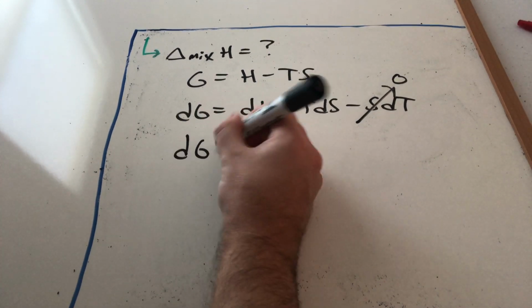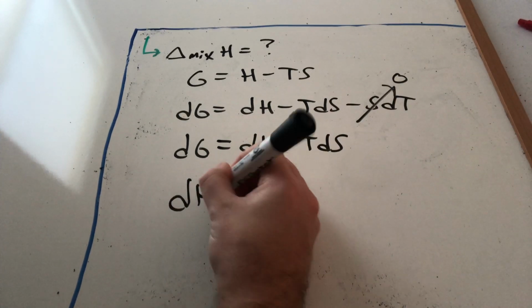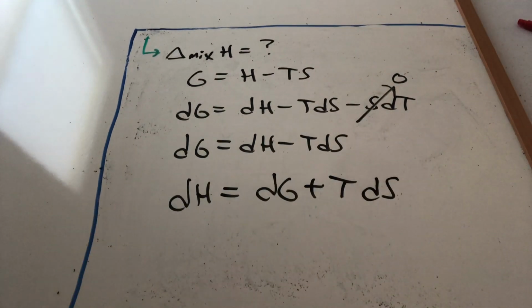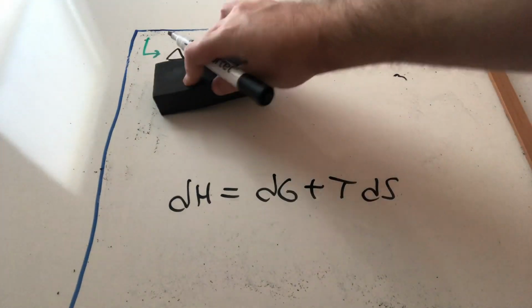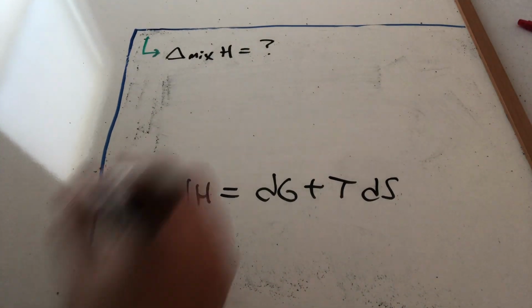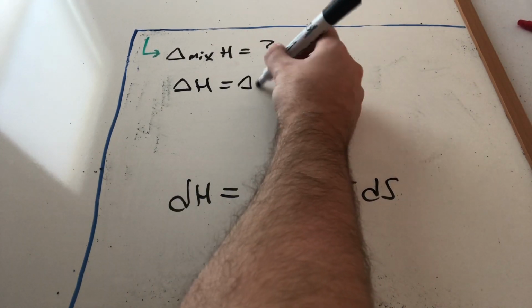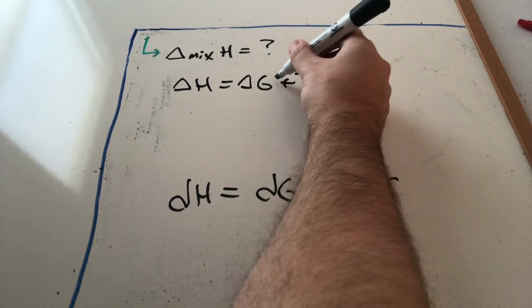So we have dG equals dH minus T dS, or dH equals dG plus T dS. And we can integrate both sides, remembering that we're doing, right, isothermal and isobaric conditions one more time. Delta H then is equal to delta G, right, plus T delta S, right?